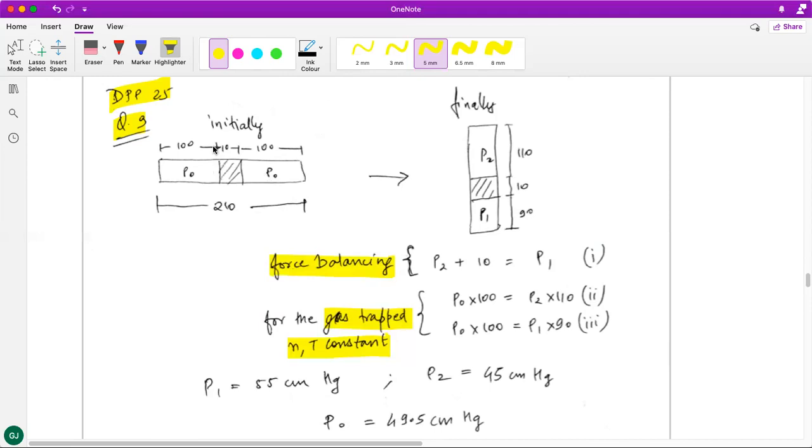The gas trapped on the left-hand side has a volume corresponding to 100 centimeters of length, and the gas trapped on the right-hand side also has a volume corresponding to 100 centimeters of length. Now, if you invert this and make it vertical, the mercury's pressure will start exerting downward, and it is going to be balanced by P1.